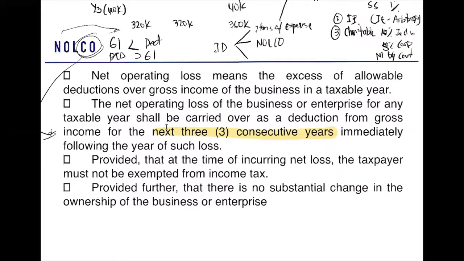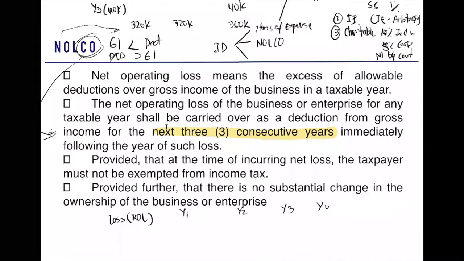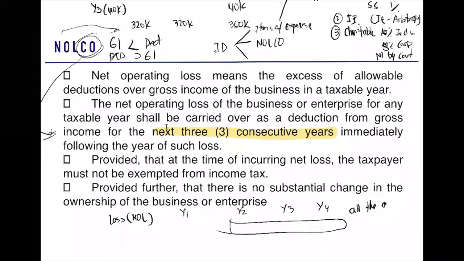So if ever we have here a net operating loss because your deductions is greater than your gross income, let's say year 1, you can deduct that in year 2, year 3, year 4, until such time all the amount of loss is covered or already used.